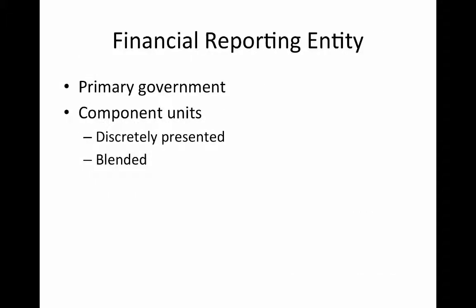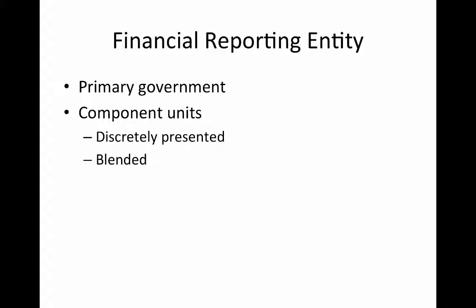One of the key things to understand in financial reporting as a foundational concept is the financial reporting entity. What we're essentially talking about here is what organizations and what activities are encompassed by the government's financial report. We're starting primarily with the primary government.